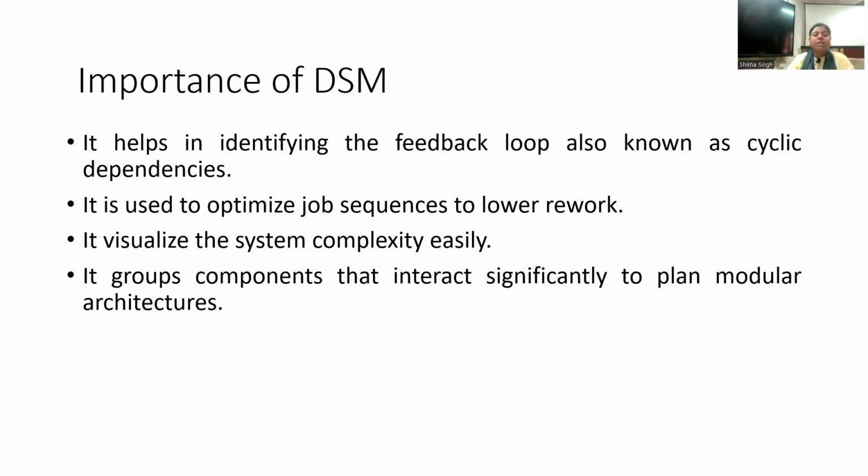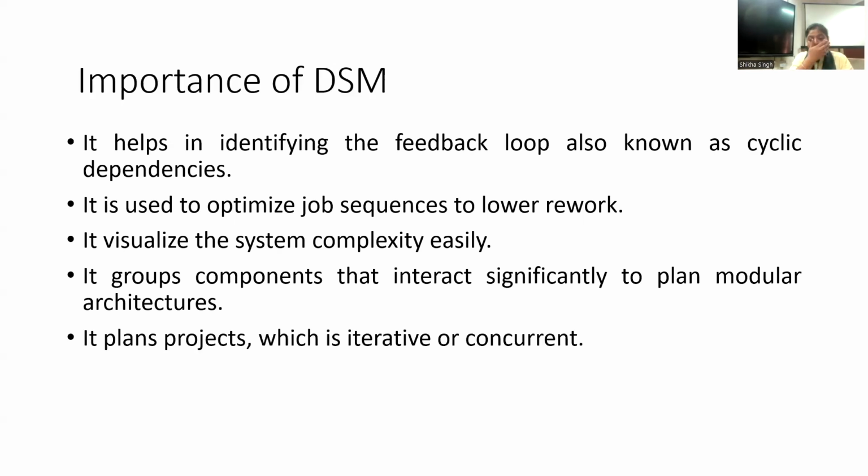So this DSM groups the components which interact significantly, and it will help you to plan modular architectures. Modular architecture means simplified or broken down into small pieces, and then you may reassemble them together, right? So this is how it helps in project planning also.